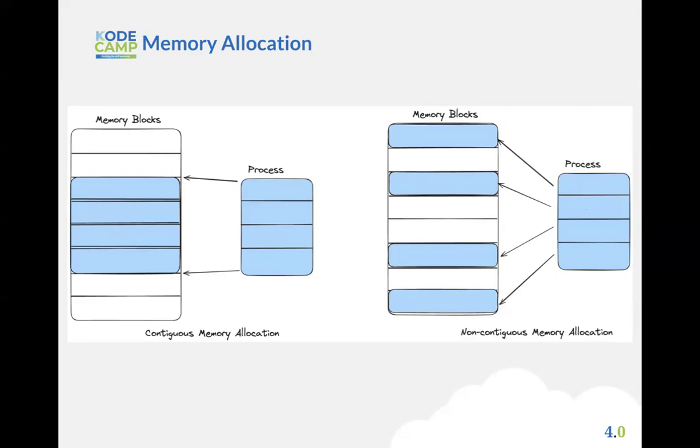Yes, and it needs to be allocated a particular space in your main memory for it to run. How it is allocated that space can affect the performance of the system it's running on. Okay, thank you.